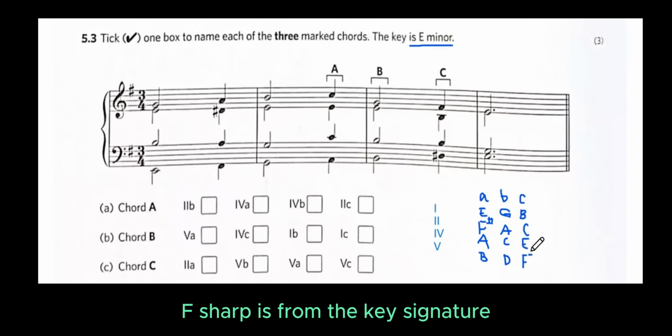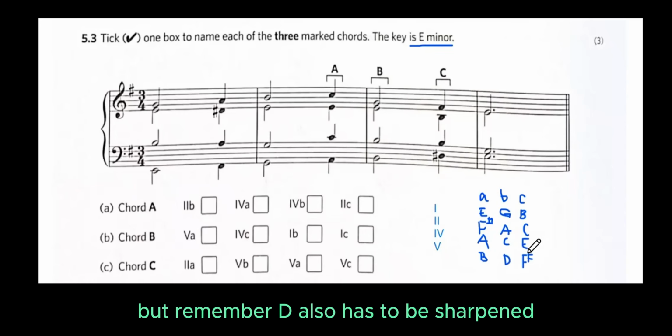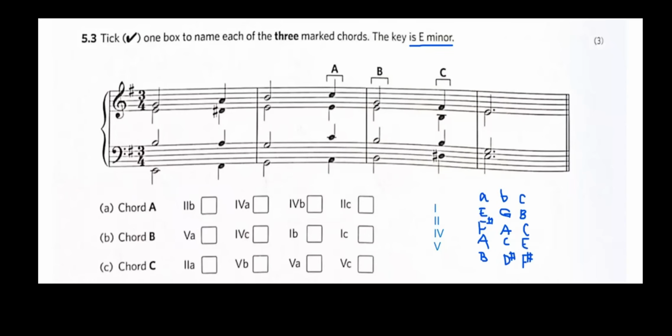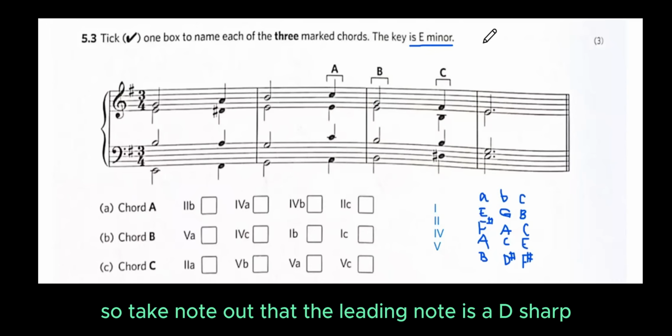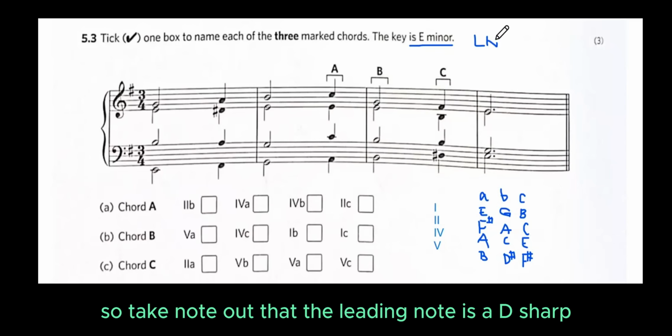F sharp is from the key signature, but remember D also has to be sharpened because this is the leading note in E minor. So take note of that. The leading note is a D sharp.